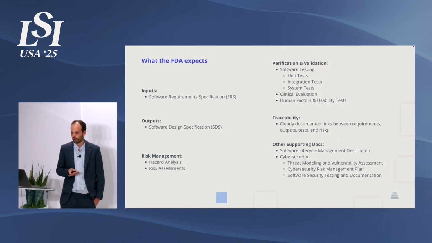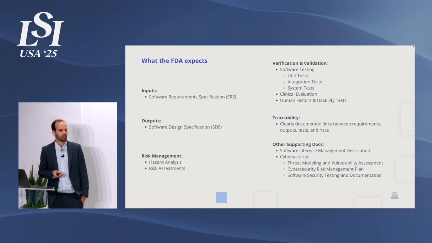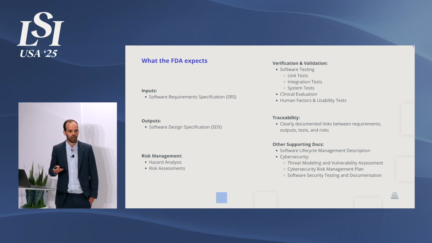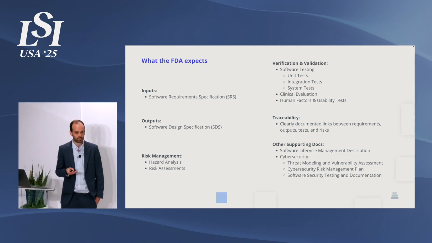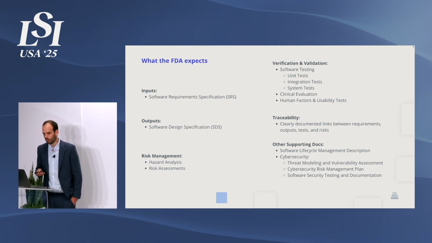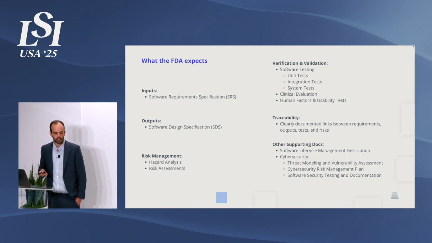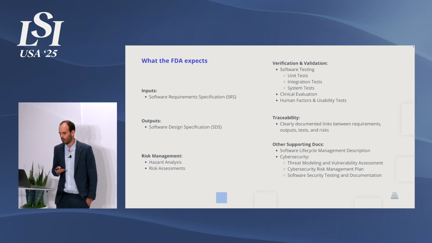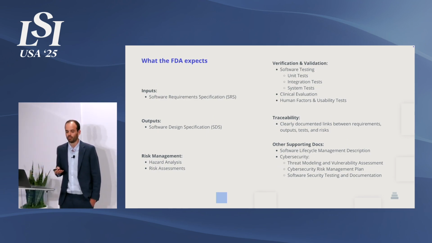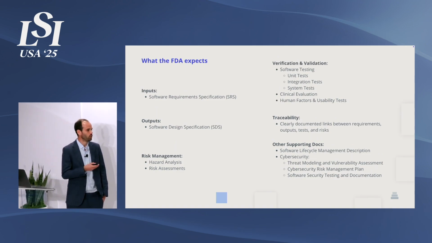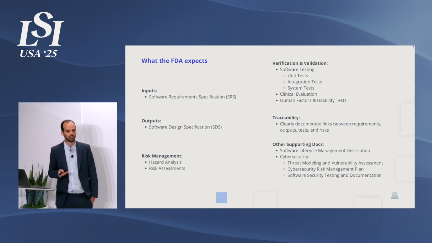Traceability, of course, is very important, so you have to clearly document the links between requirements, the design outputs, and the risks and the measures taken to mitigate them. And other things that you have to comply with are, for example, you have to define what your software lifecycle is. So that is back to IEC 62304.